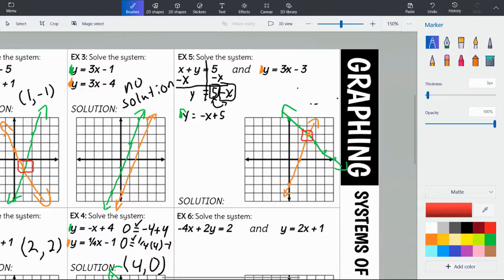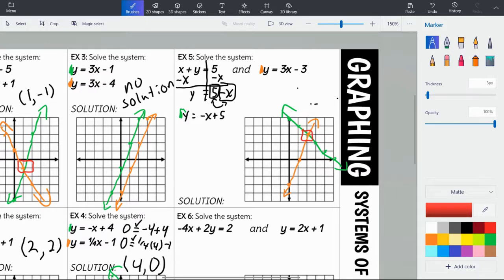Okay? There's a bunch of different ways to solve these problems. There are at least 4 different ways to solve them, and there are probably a lot more than that. There are 3 to 4 basic ways you'll usually learn. We're not going to go through all of them. We'll go through about 2 of them this year. Graphing is probably the easiest way to solve it, but it doesn't work for all of them.